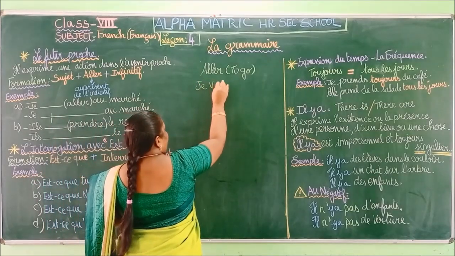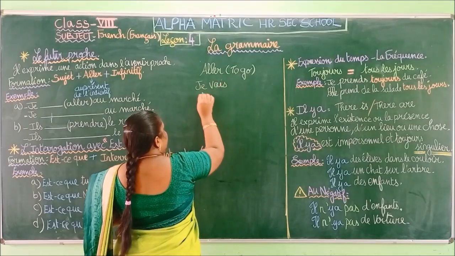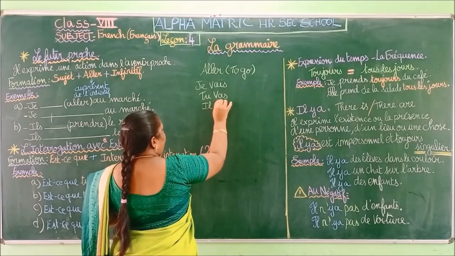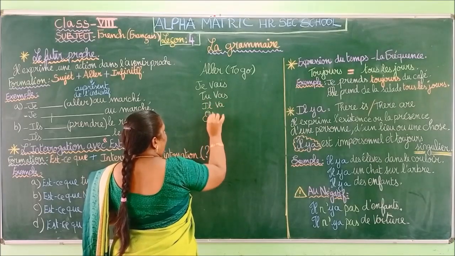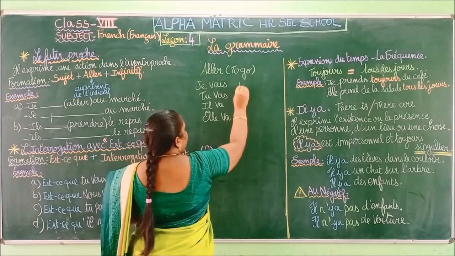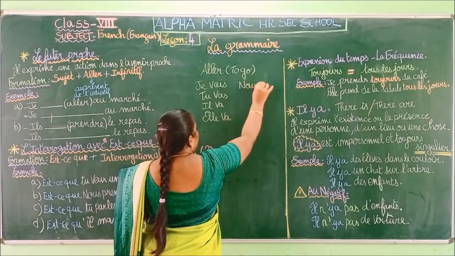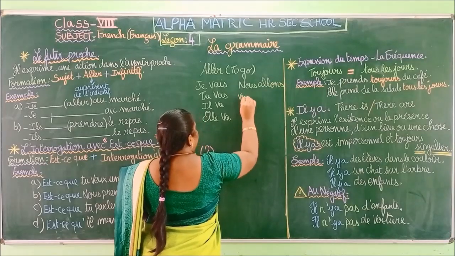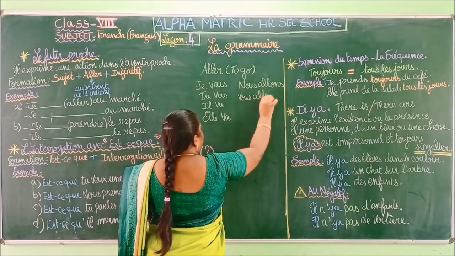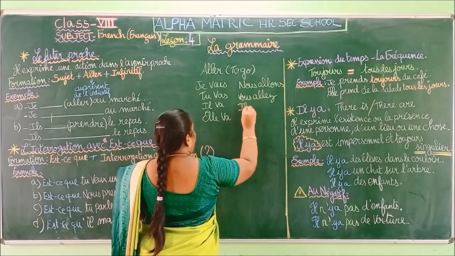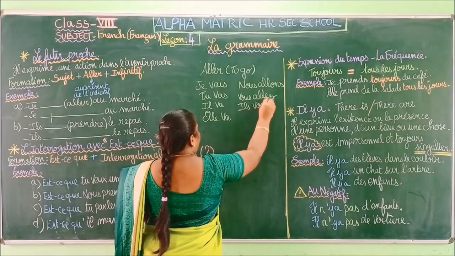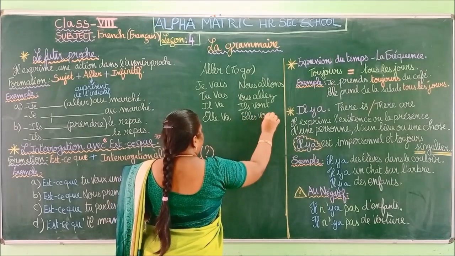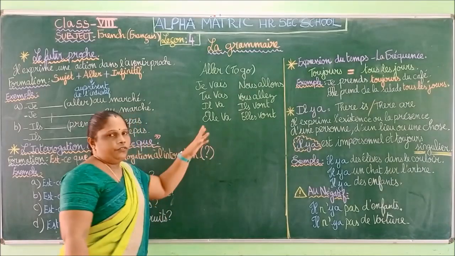Okay, je vais, tu vas, il va, elle va, nous allons, vous allez, ils vont, elles vont. So this is the conjugation of the verb aller.